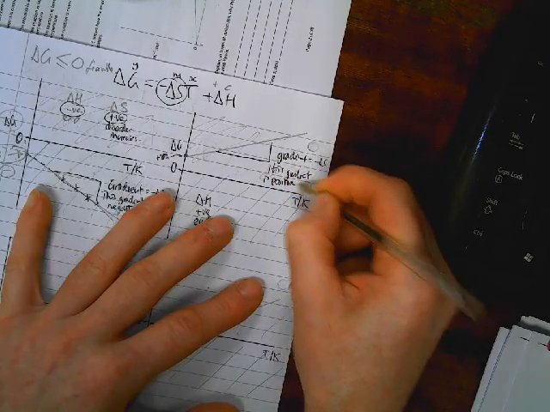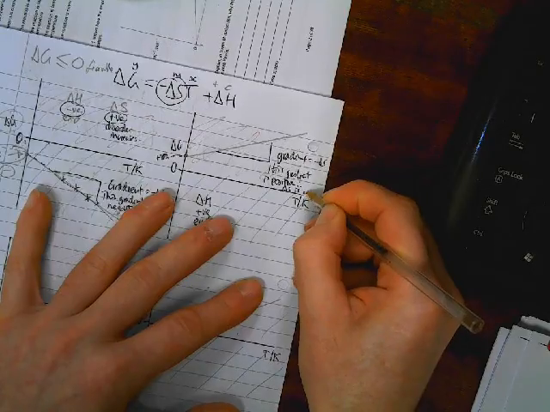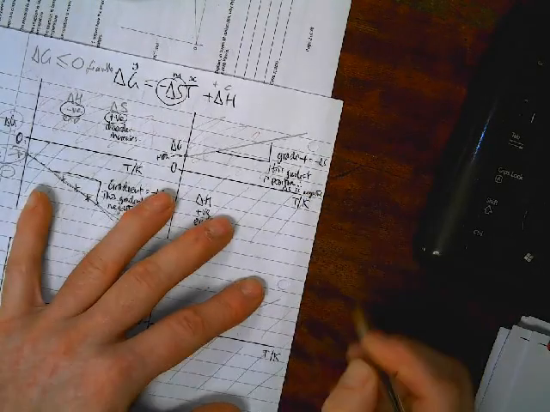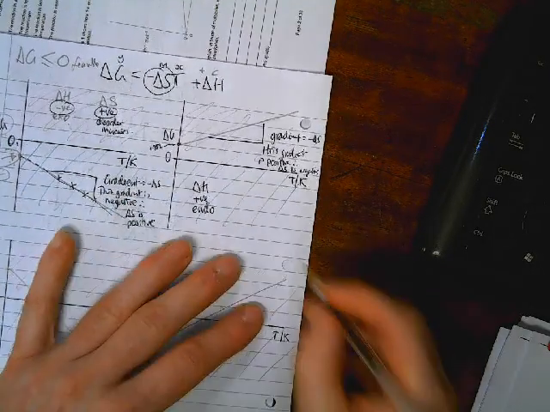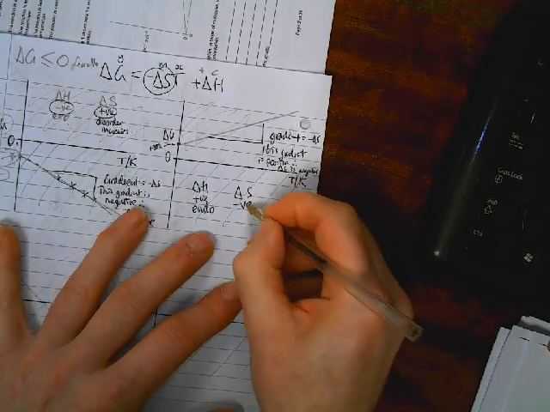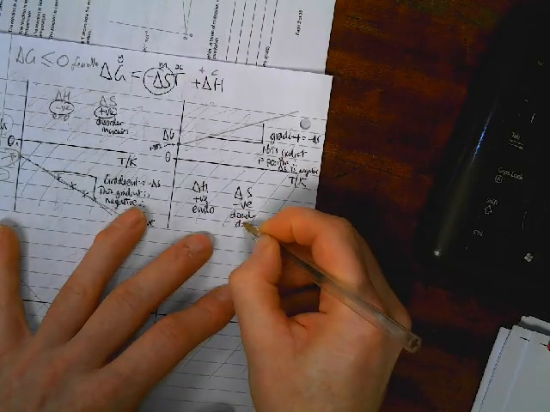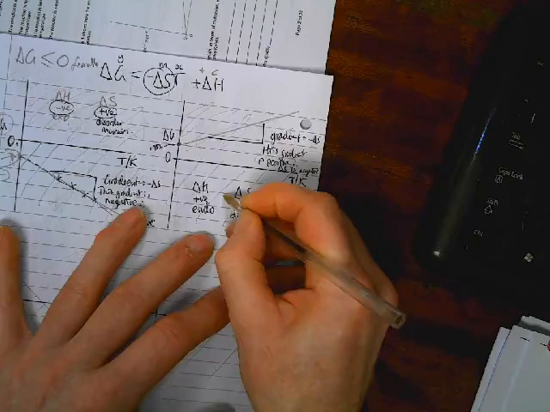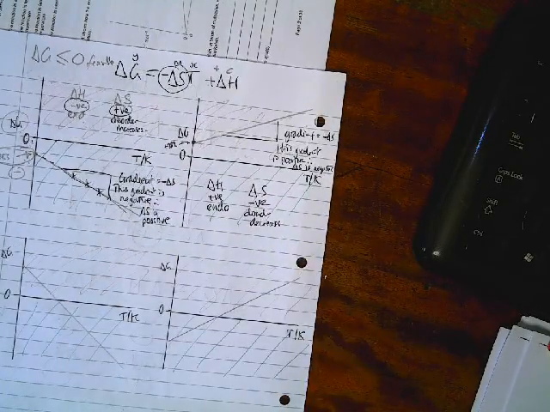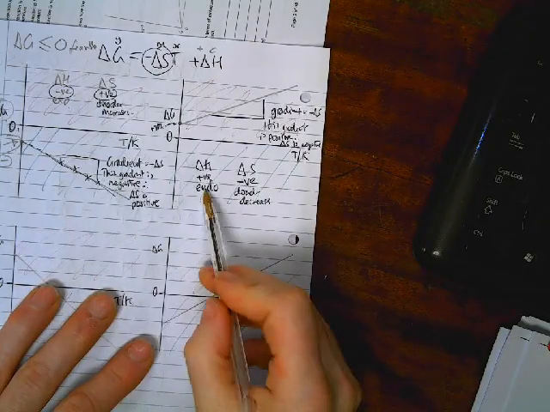Therefore, delta S is negative. Sorry, you can't read me writing, but deal with it. Delta S, negative. The disorder decreases. That's what a graph looks like for an endothermic reaction where the disorder decreases.